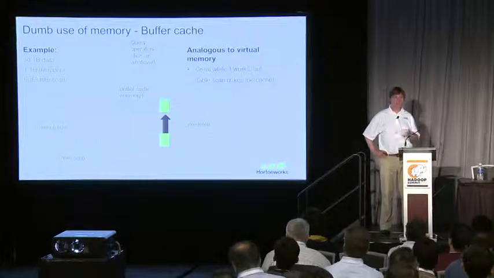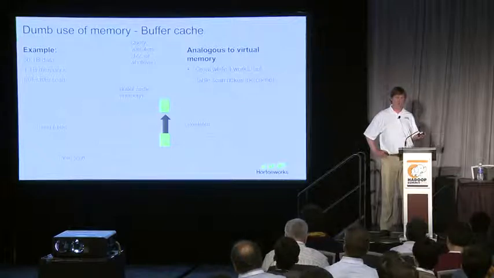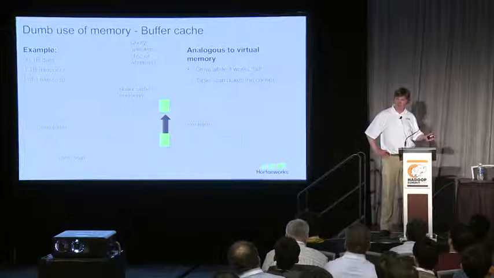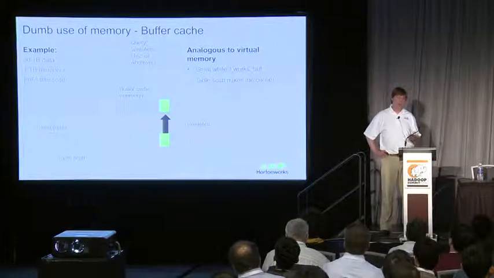If you're doing a scan of a table and you have 50 times more data on disk than you have in memory, by the time you get to the end of that scan, you've blown away all your cache, and what exists in memory is the last 2% of the data on disk. Then you start that full table scan and you don't get any advantage from your memory. So you might as well not bother in that particular case.